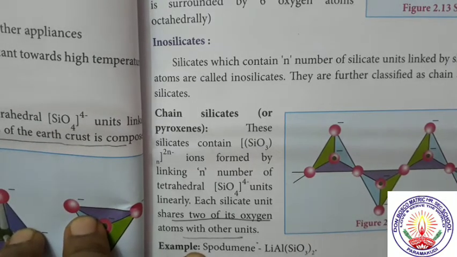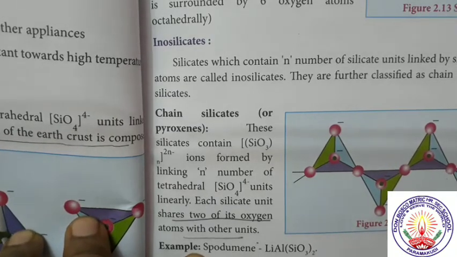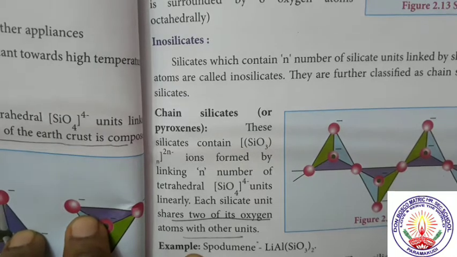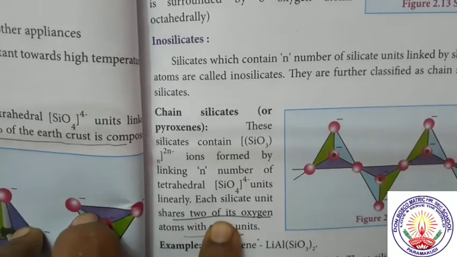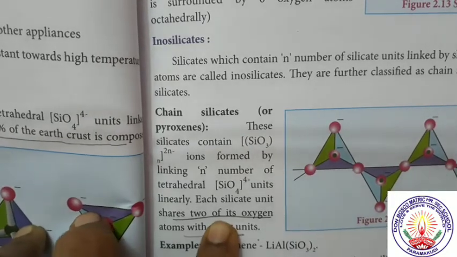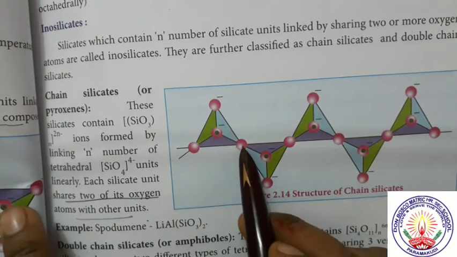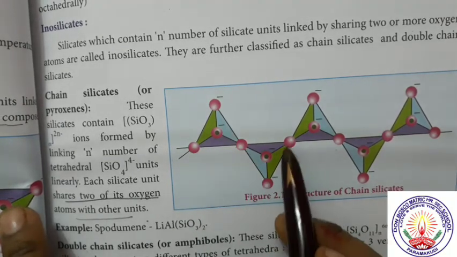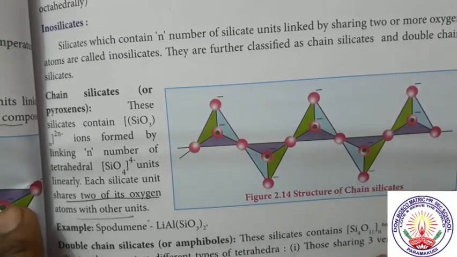So inosilicates means these units are sharing two or more oxygen. It can have long chain silicates. You see, this is sharing the oxygen here, this unit sharing the oxygen here. So like that the chain keeps on continuing.